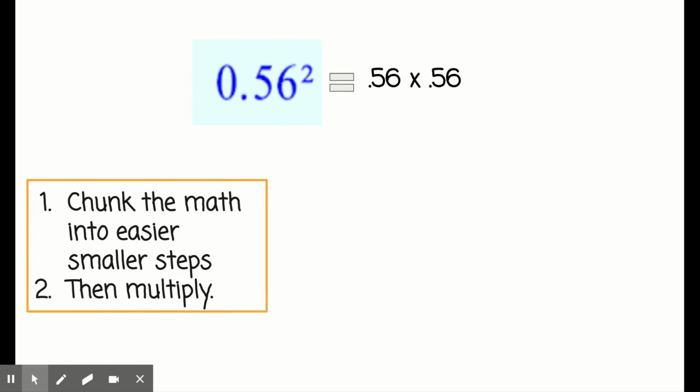Now, I am very comfortable multiplying multi-digit numbers, so I don't really need to chunk this. I just need to multiply like I normally do. Maybe you break this up into tenths and hundredths, and multiply those together, and then put them together at the end. I don't actually do that.